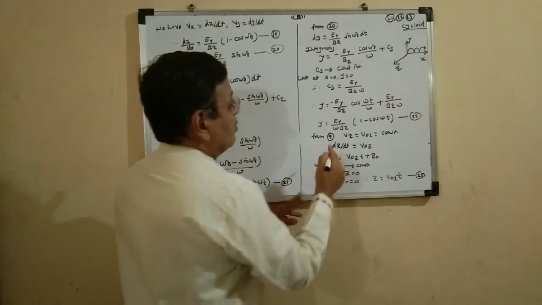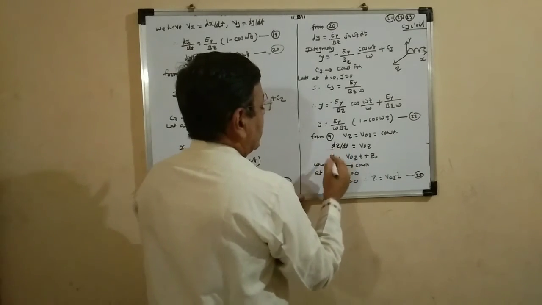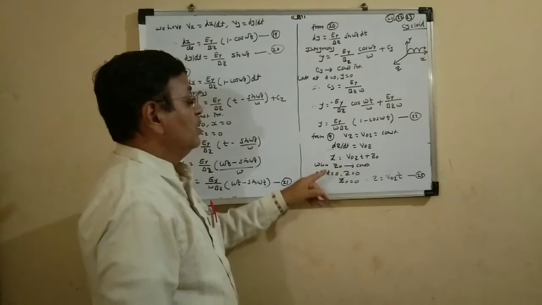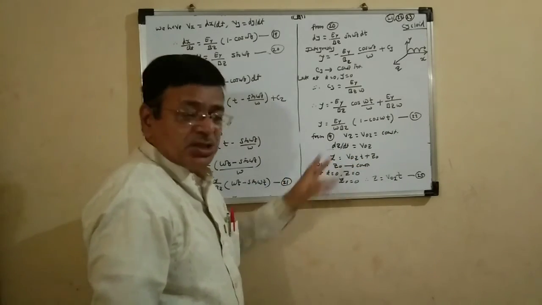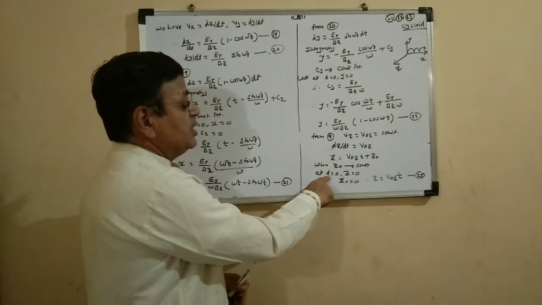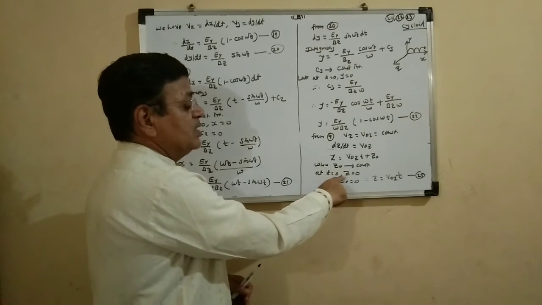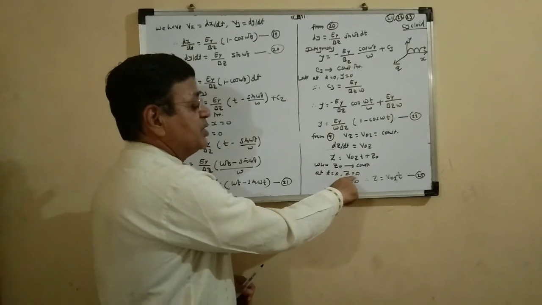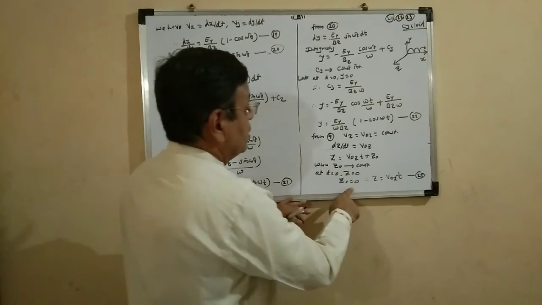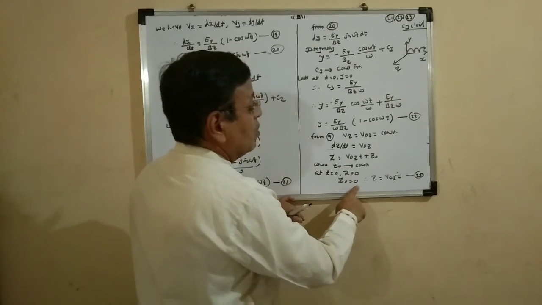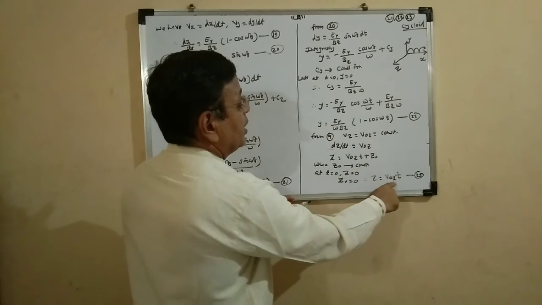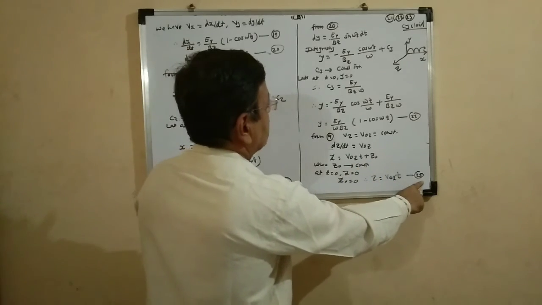By integrating this equation we have to get z is equal to V0z t plus z0, where z0 is again a constant. So to get the value of the constant we have to take the initial condition, t is equal to 0, at that time z is equal to 0. Putting this we have to get z0 is equal to 0. So putting this value here, we have to get z is equal to V0z into t, call this equation 23.